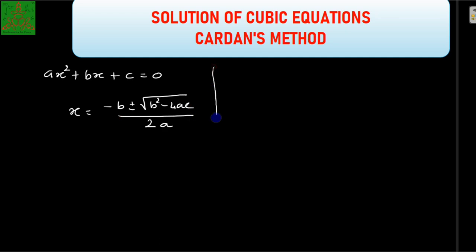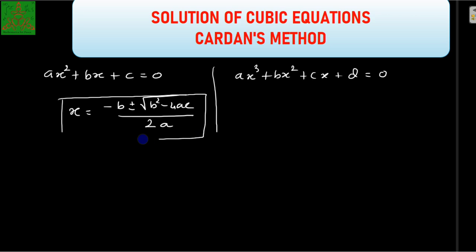But if you are given a cubic equation like ax cube plus bx square plus cx plus d equal to 0, the question is, can we have a general formula to calculate the roots of this equation, as we have for the quadratic equation?